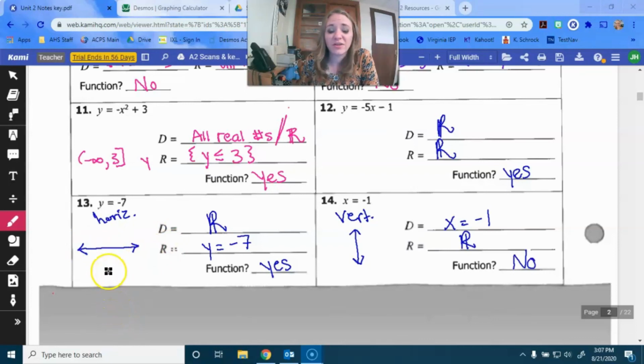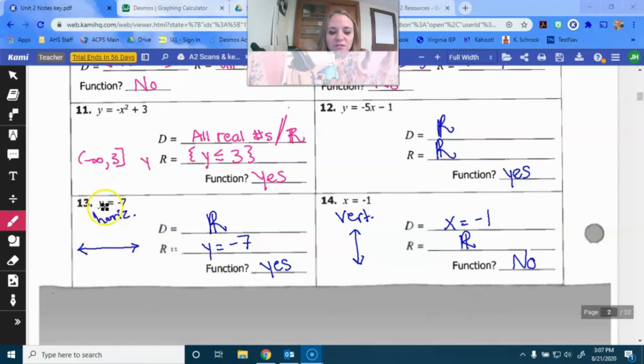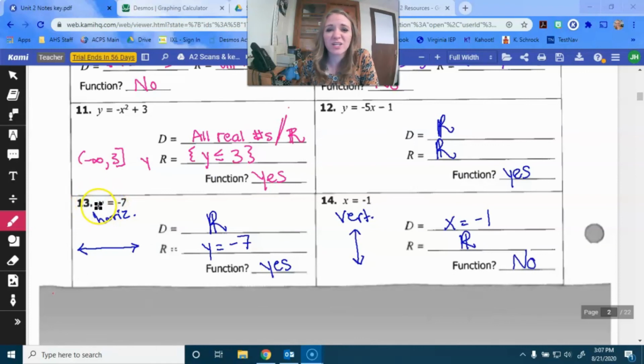It will have nothing in the graph, will intersect any of the numbers below -7, and then anything above -7, it also did not include. So the only y value, which makes sense, if y equals -7, that's the only y value that could be in the range. So y equals -7, and probably should put that in.